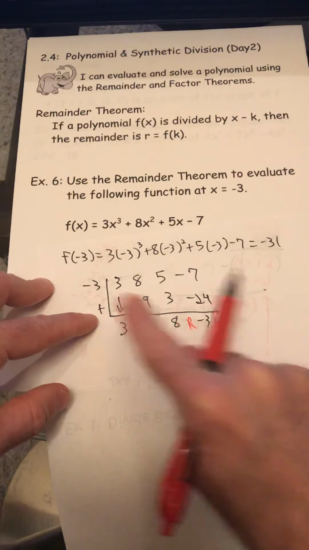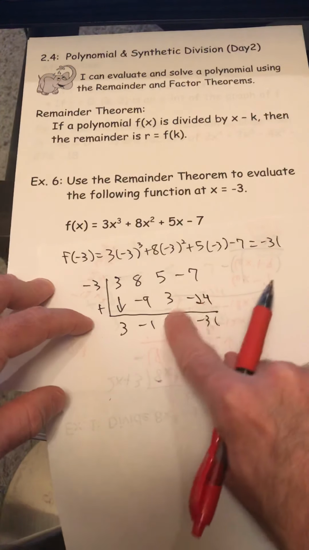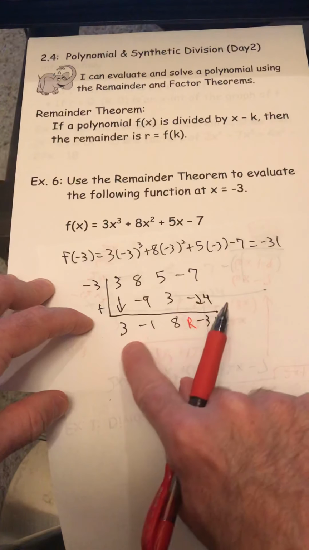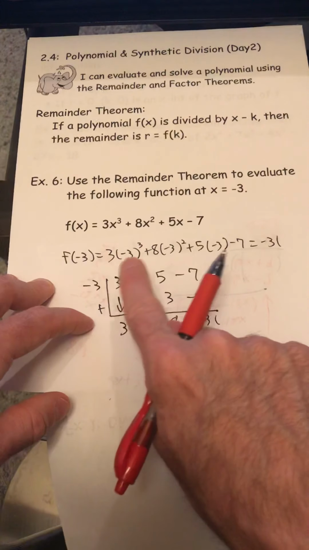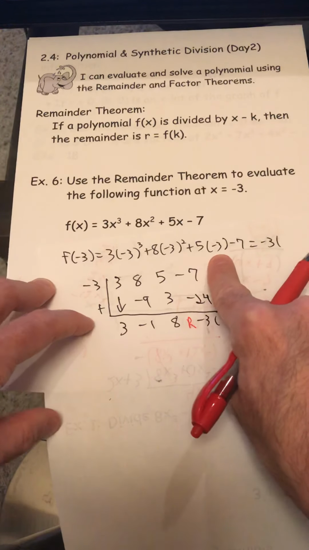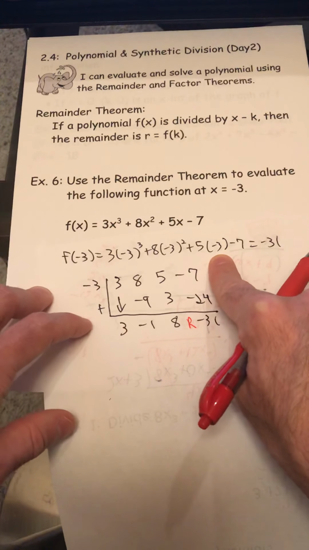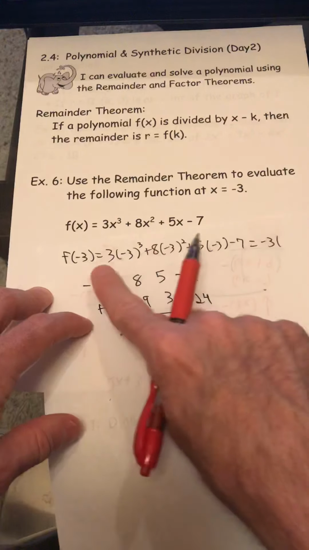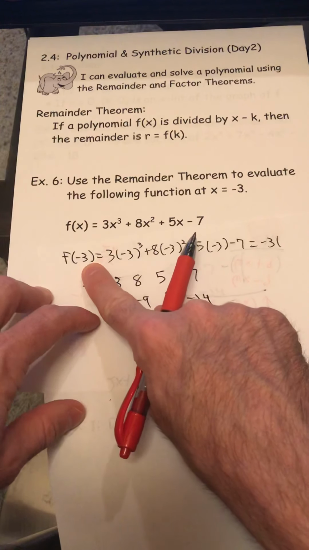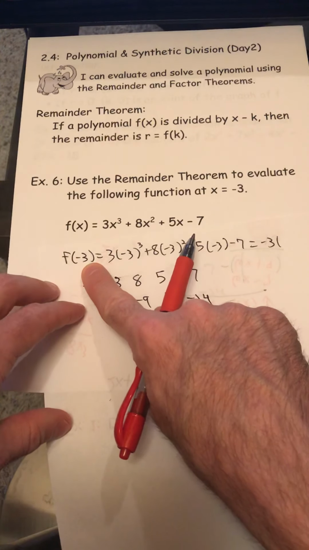The other reason this is very useful is that a lot of the time we care less about the remainder and more about these remaining numbers, and you don't get those remaining numbers if you just plug in the -3. So synthetic division, long division, is also technically a way of evaluating a function. Usually what we're evaluating it for is the value 0.